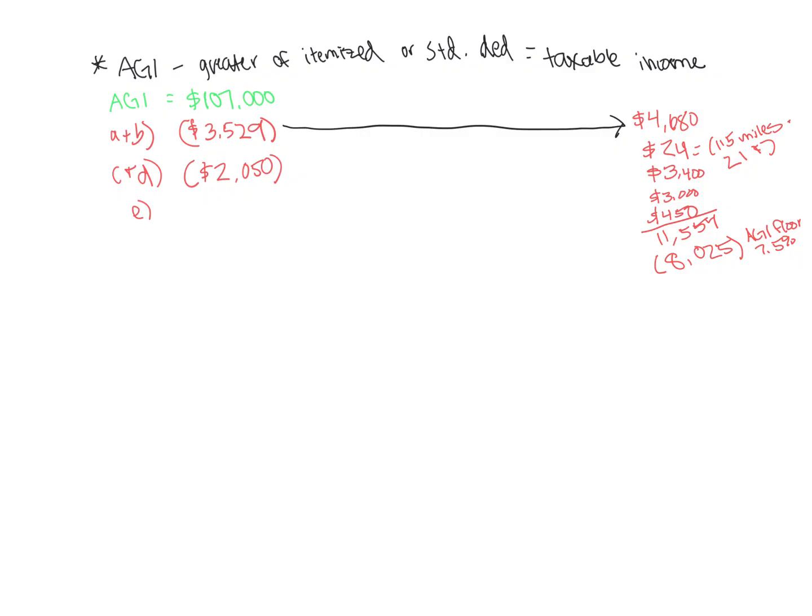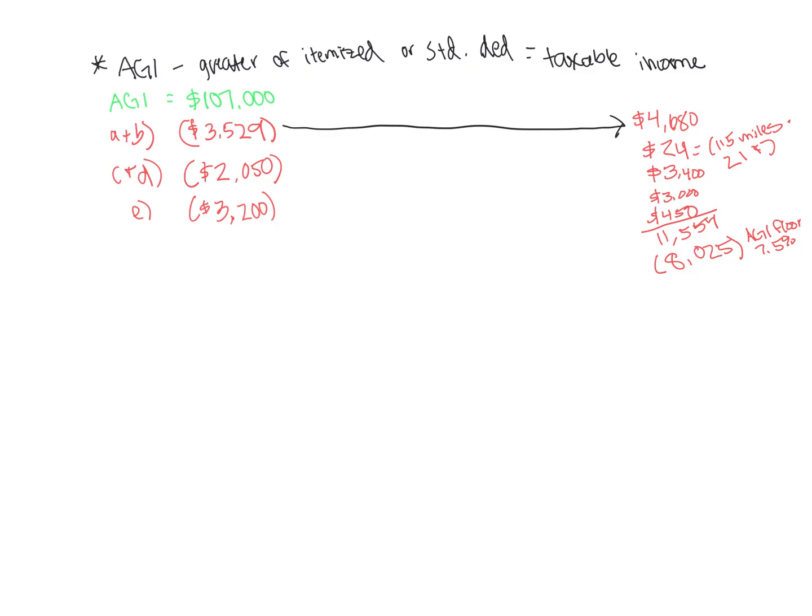of the subdivision. So for letter E, the only piece that can be deductible, because they gave us two numbers, the only piece that can be deducted is the $3,200 in real property taxes paid.